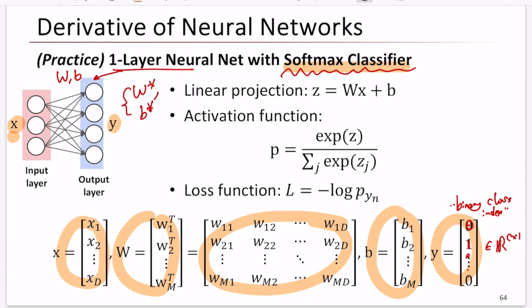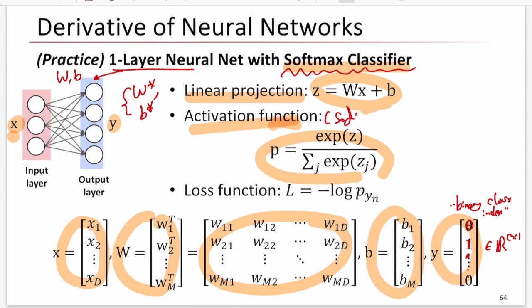In this setting, we also have a three-layer structure: a linear operation layer, z equal to W times x plus b; an activation function layer, in this case not a sigmoid function but the softmax, right? And a loss layer. In the softmax classifier, the loss is the log likelihood loss, or error loss.